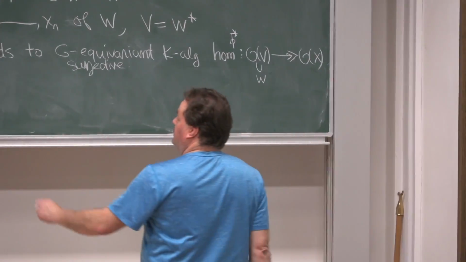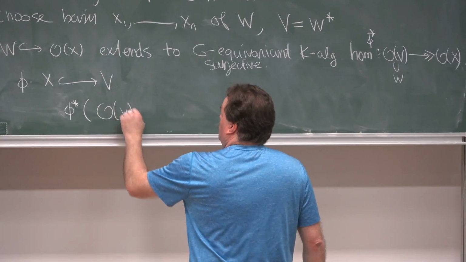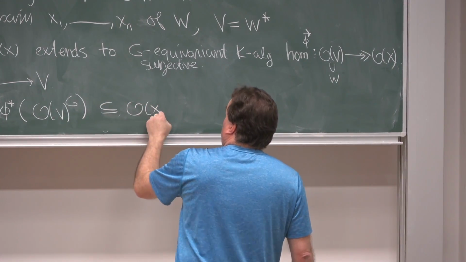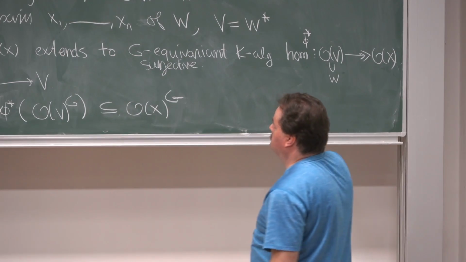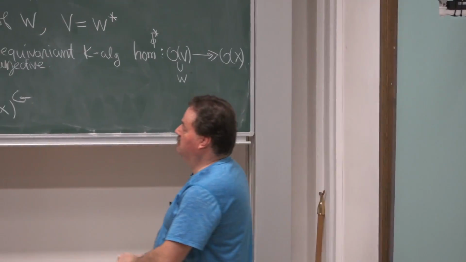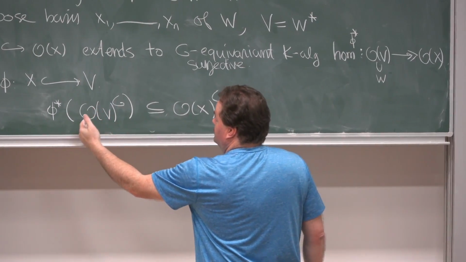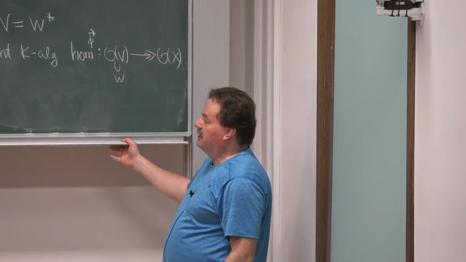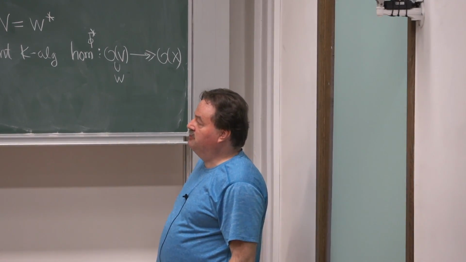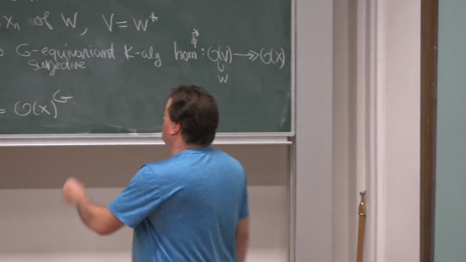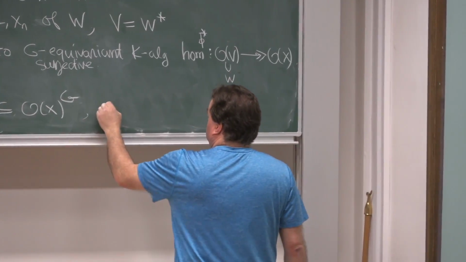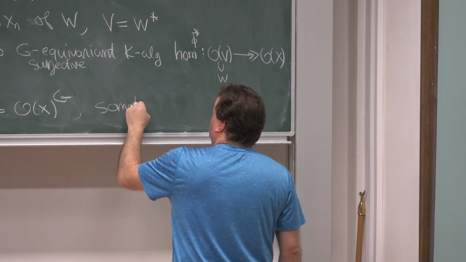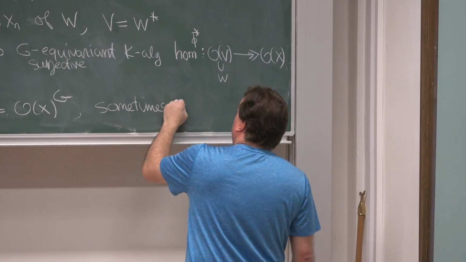Since it's equivariant, it will map invariants to invariants. So you could take generating invariants and look at the image, and they will be invariants here. Now, the nice thing is, under certain conditions, which we'll explain later, sometimes we have equality.